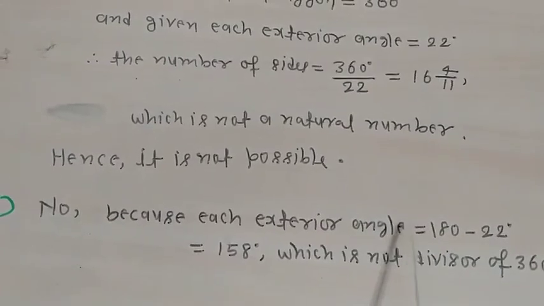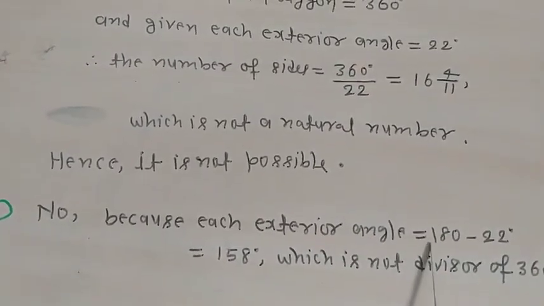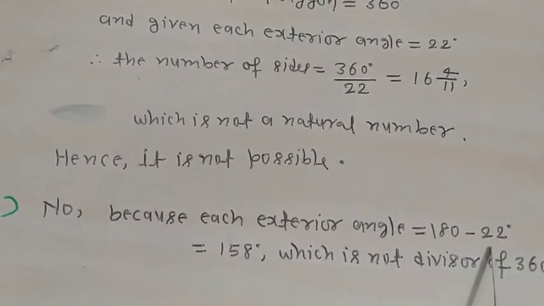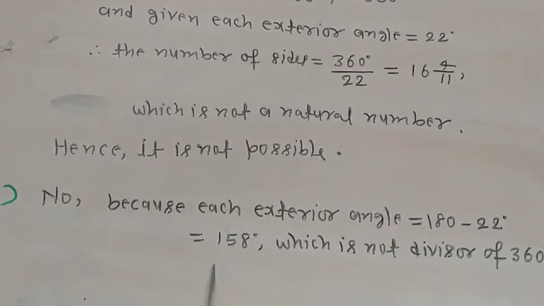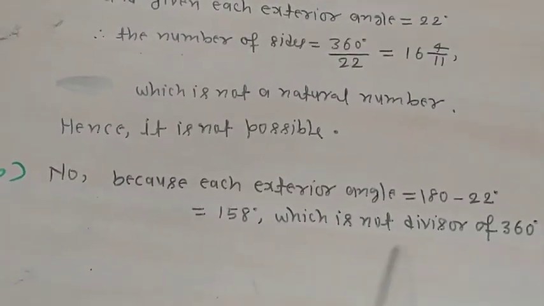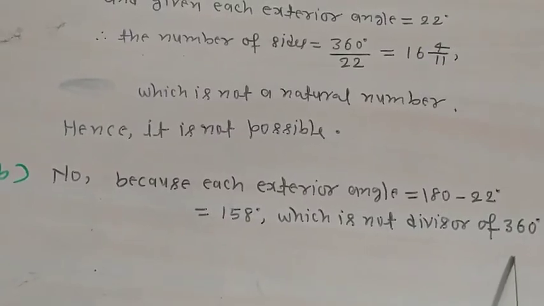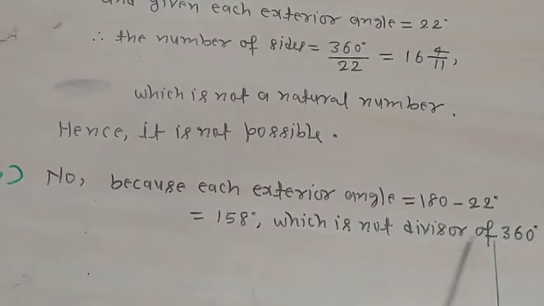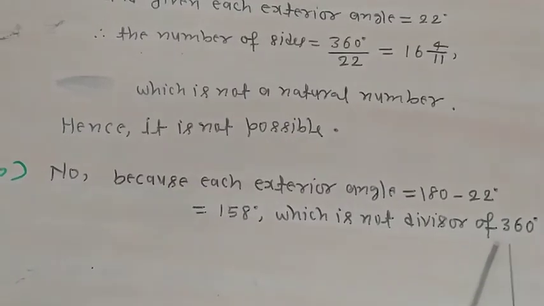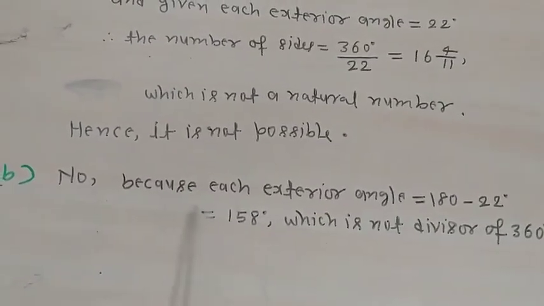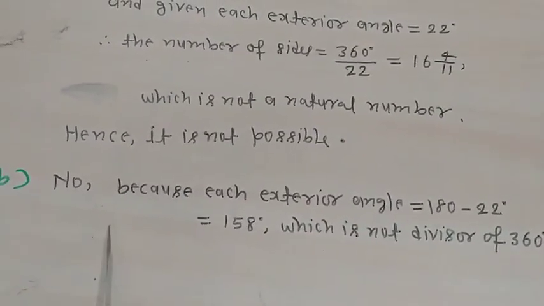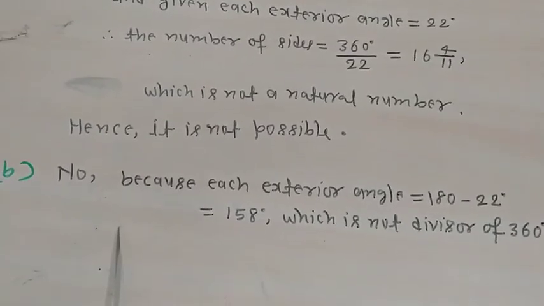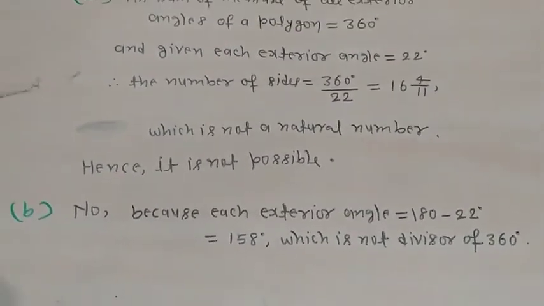Okay, so we find the exterior angle 180 degree minus interior angle, so you have obtained 158 degree here. Okay, which is not a divisor of 360. 158 does not exactly divide 360, so this is no, this is not possible. Okay, I hope all of you understood.